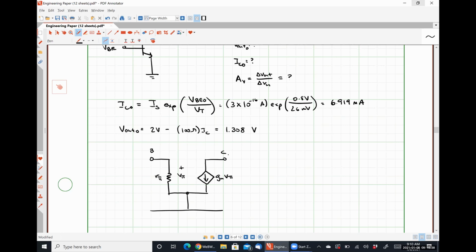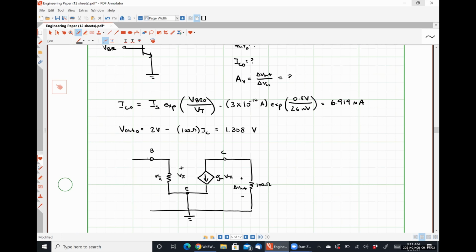I want to point out something here that may seem confusing to you guys, so I'll tell you why. I am connecting that 100 ohm resistor, over which I'm trying to find delta V out, between the collector and ground.